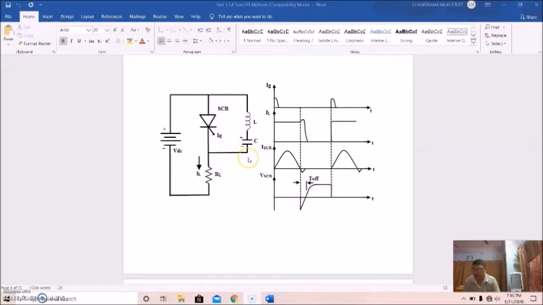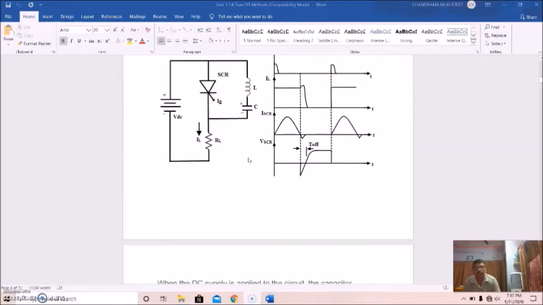Now when the capacitor is completely discharged, it starts charging with reverse polarity. Due to the reverse polarity of the capacitor voltage, the commutating current IC opposes the load current.